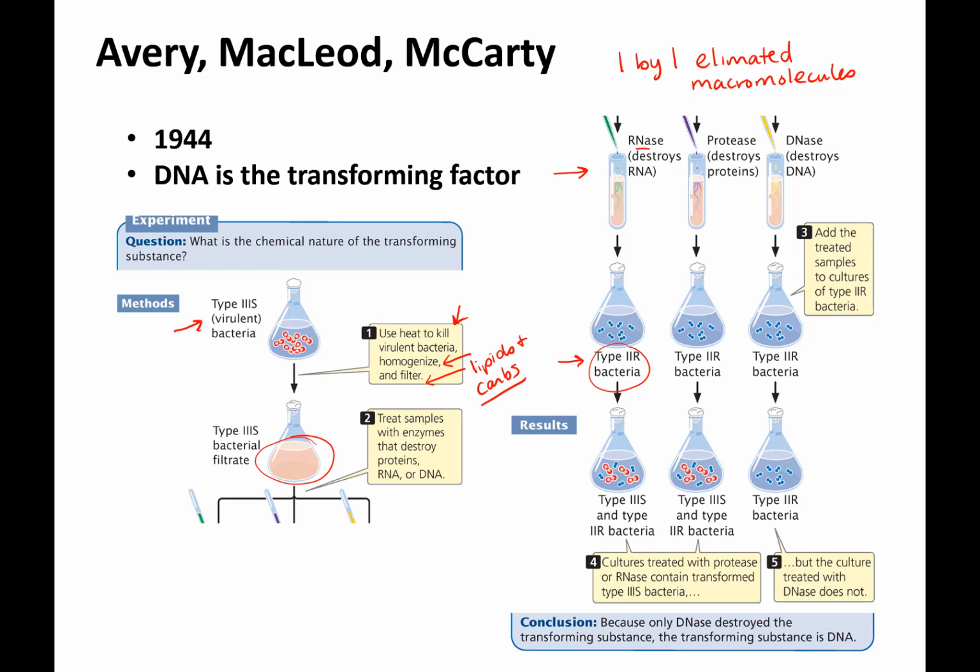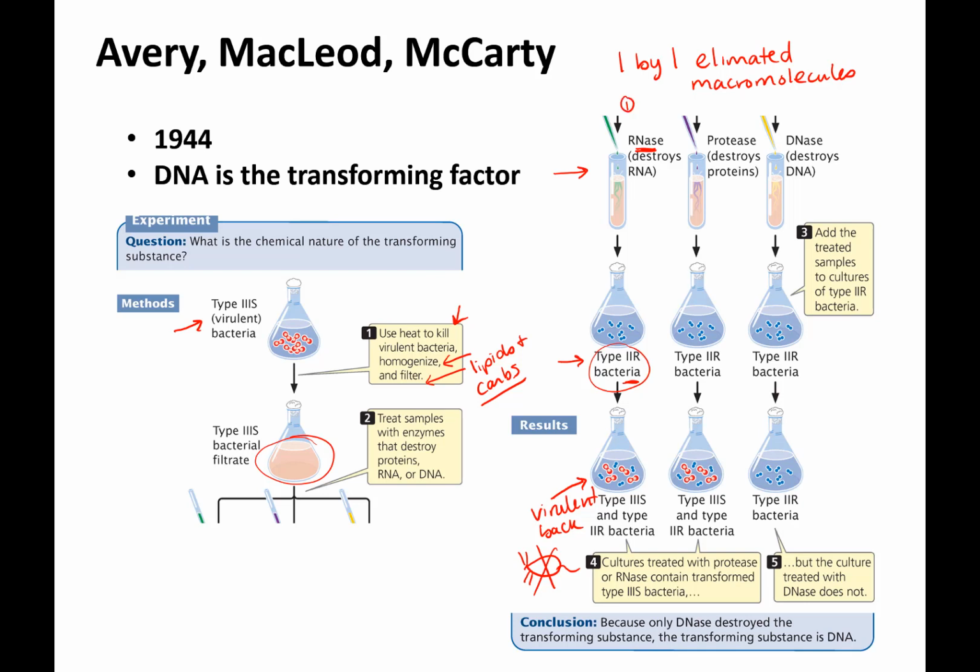Okay, so when you added an enzyme that destroys RNA and you mixed it with bacteria, you still got the virulent back. And if you put this into the mouse, it was dead. Okay. So the transforming factor was still working in this experiment.